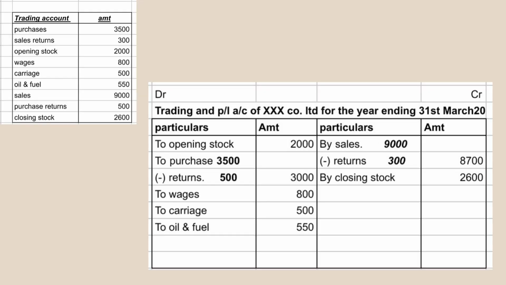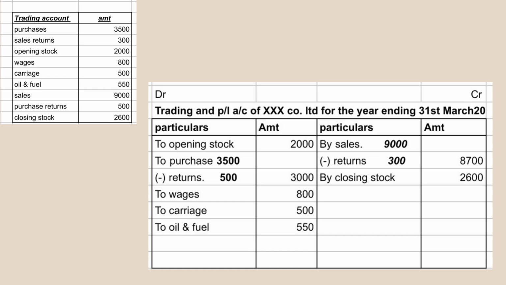Let's see the solution. Draw the proforma: particulars, amount, and mention debit, credit at the extreme corners. Please write the heading: Trading and P&L Account of XXX Company Limited for the year ending 31st March of that particular year. You need to write 'for the year ending', that is very compulsory.